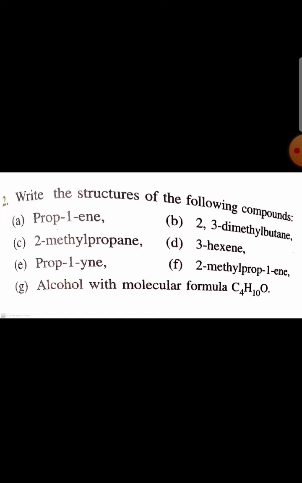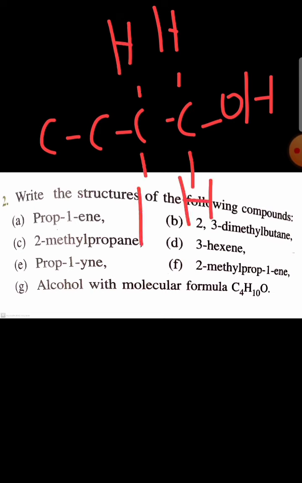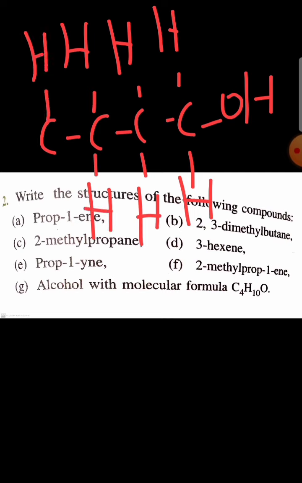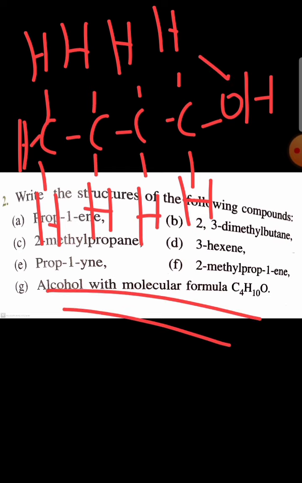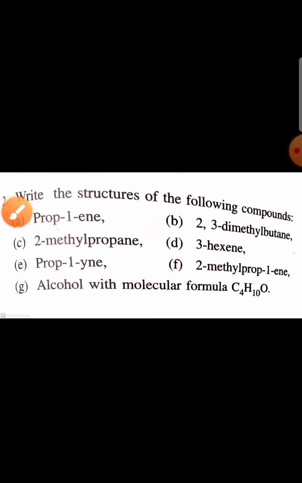So 4 carbons, 1 2 3 4, at the fourth carbon atom we are going to add the alcoholic group, and to the remaining carbon atoms we are going to add the hydrogen: 2, 2, 2, 3 hydrogen here. Now count the number. A total of 10 hydrogen atoms are there, 1 oxygen and 4 carbon. So this is butanol, a 4-carbon alcohol called butanol. So I guess you understood.